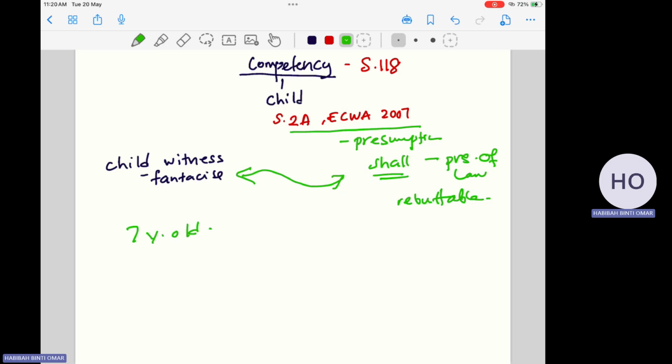So when you have Section 2A, Subsection 1 incorporated into the Evidence of Child Witness Act, you start looking at children positively. Rather than having a negative in your mind that children are not to be trusted, we now assume that children are competent to testify, rather than looking at them initially as not competent.